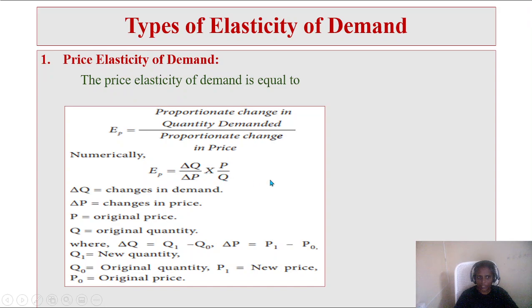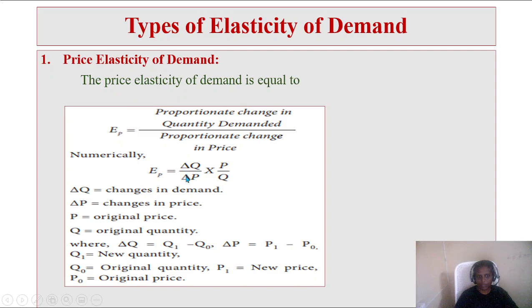Here delta Q is nothing but the change in demand, and delta P is the change in price. P and Q are the original price and quantity demanded for a particular commodity, and this is a proportionate change.